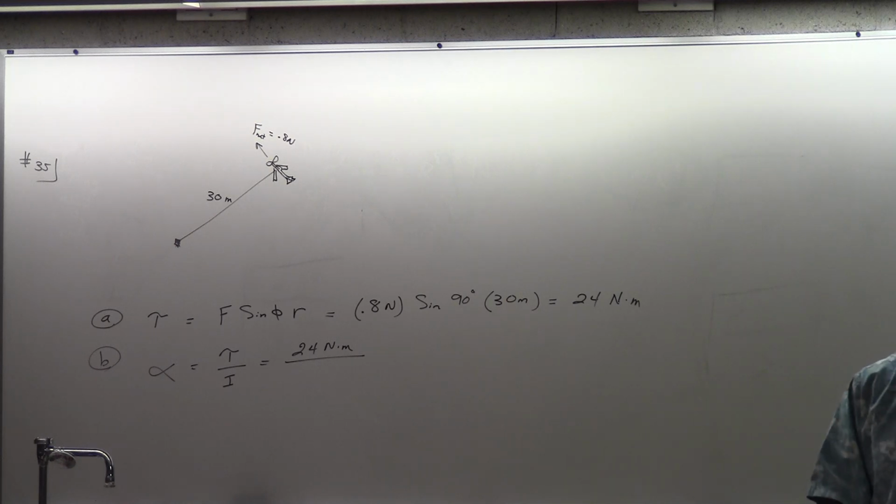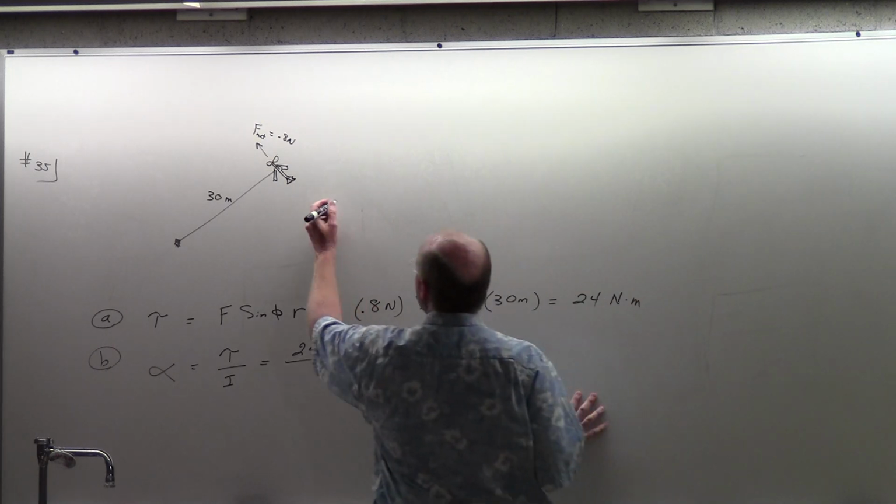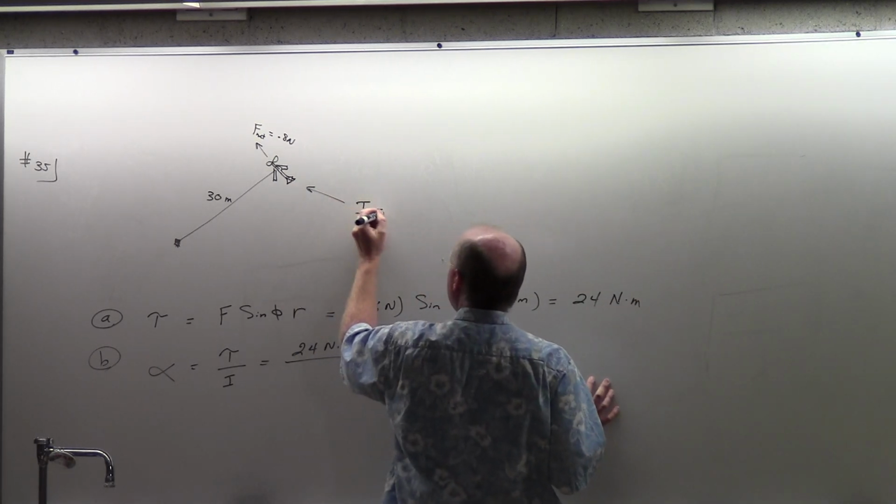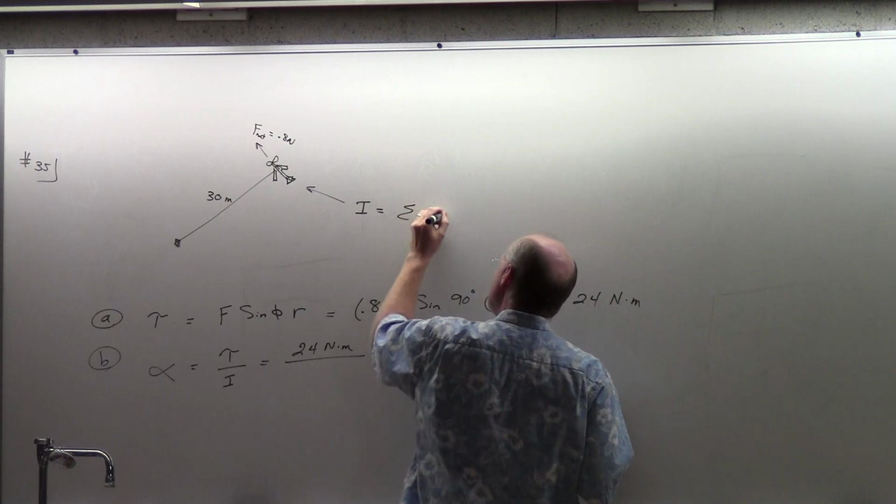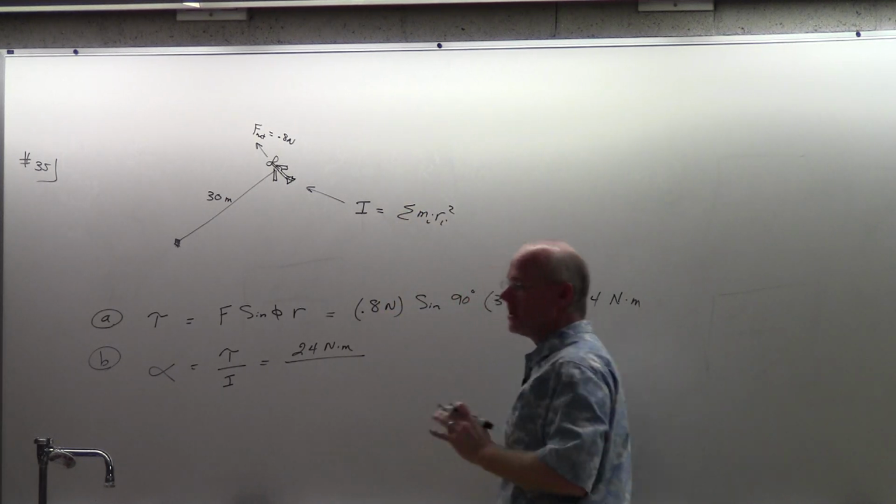I comes, oh, what is I? Summation of the mass. Well, I suppose you could say it's a summation of the mass, and technically it is, but again, here's where you've got to pay close attention to the physical picture here.